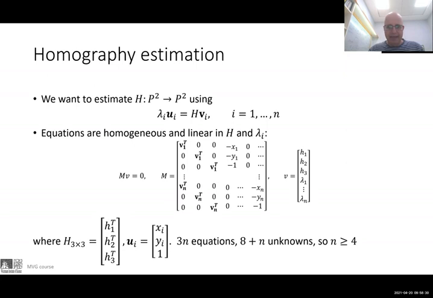Okay, and let's do the counting. We have 3n equations. We have 3 equations for every pair of points, assuming we have n pairs of points. 3n equations.